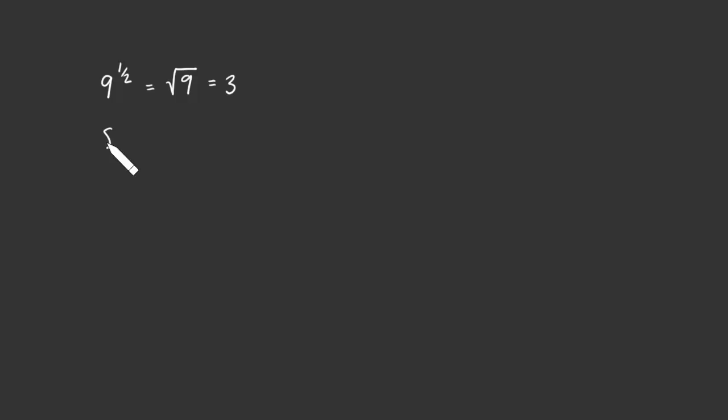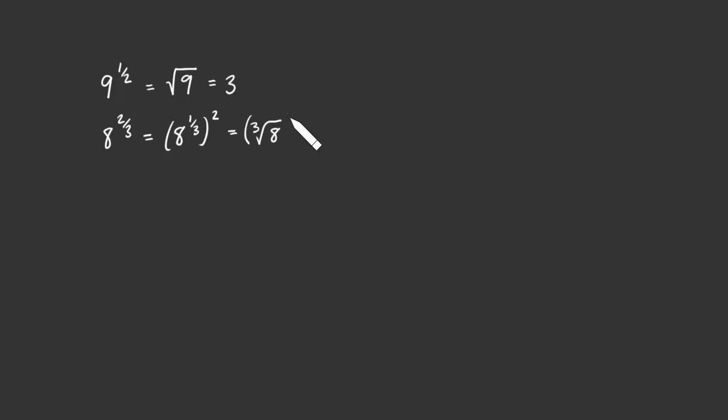If, on the other hand, we had 8 to the 2/3, here we've actually got a couple things going on. One way you can think about this is to rewrite this as 8 to the 1/3 squared. Notice, of course, power to a power here, you would end up multiplying those two exponents together to get 2/3, so this is legitimate. 8 to the 1/3 we now recognize as the cube root of 8, similar to how this was the square root of 9 above.